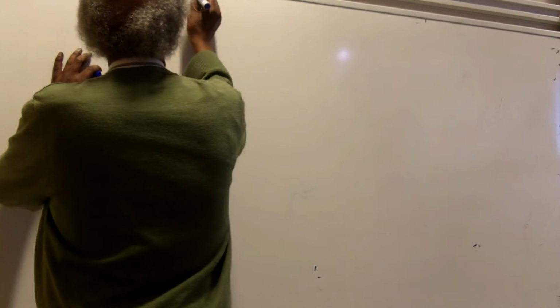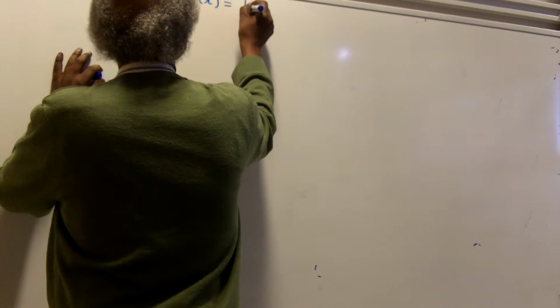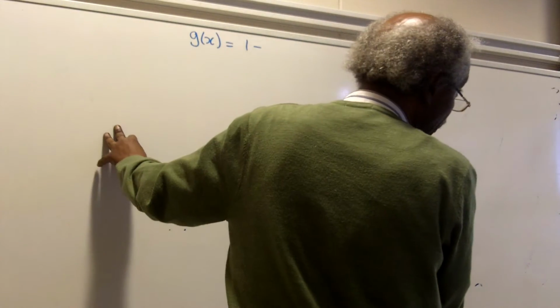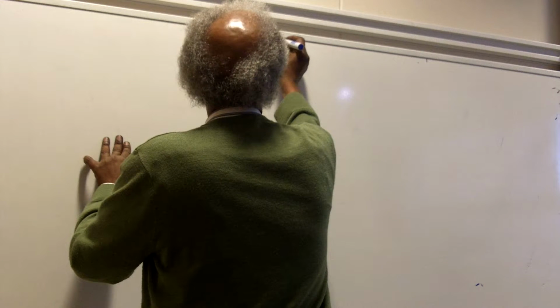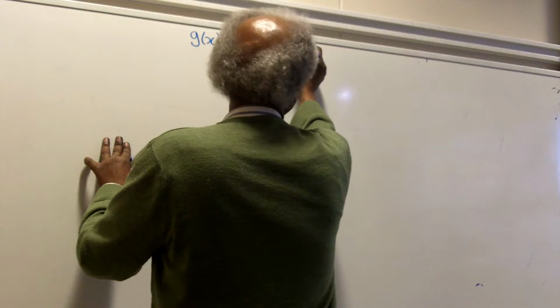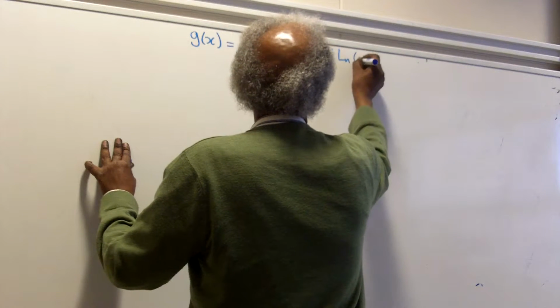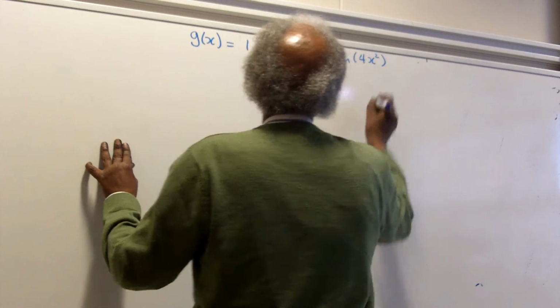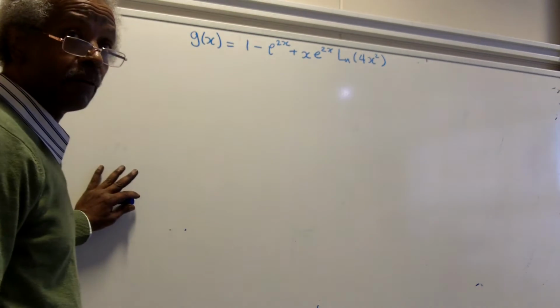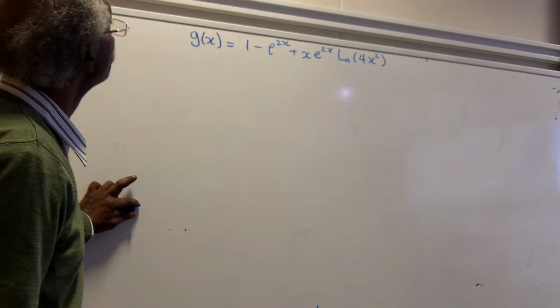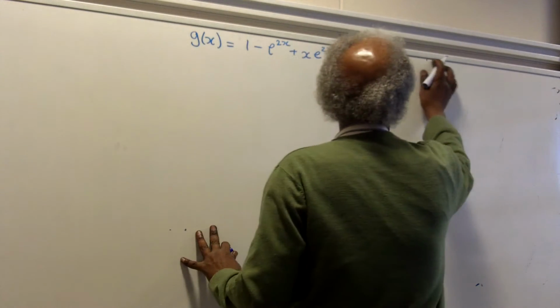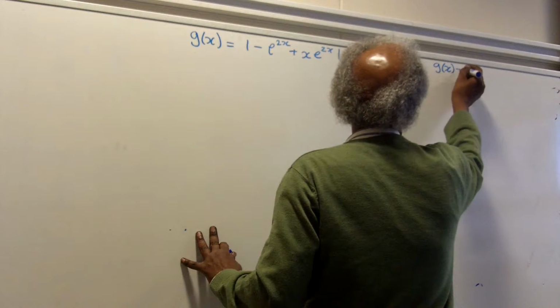So g(x) is equal to 1 minus e^(2x) plus x e^(2x) (ln 4x)^2. I'm going to completely forget about f(x) for the time being, and focus on g(x) = 0.